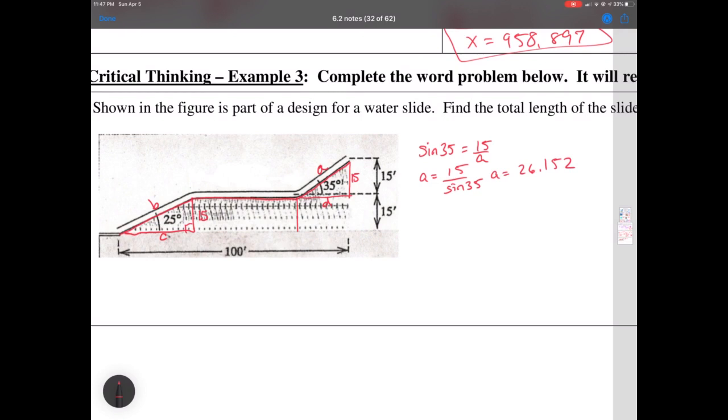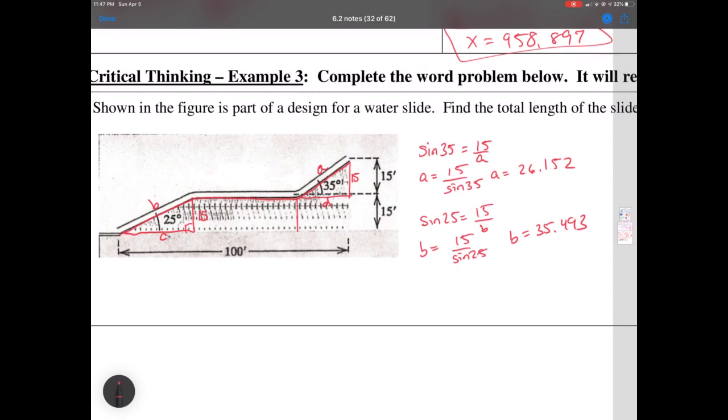Let's find B. So again, it's going to be sine of 25 equals 15 over B. So B equals 15 over sine of 25. So B equals 35.493.